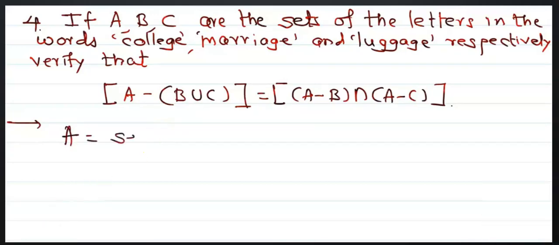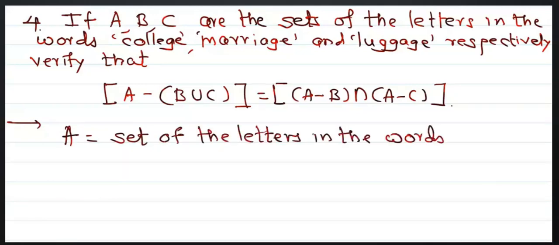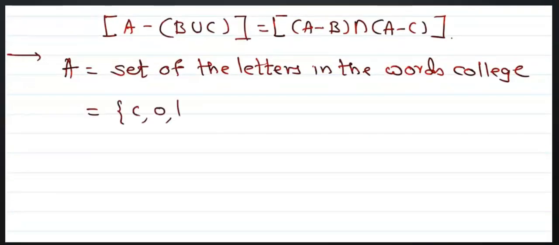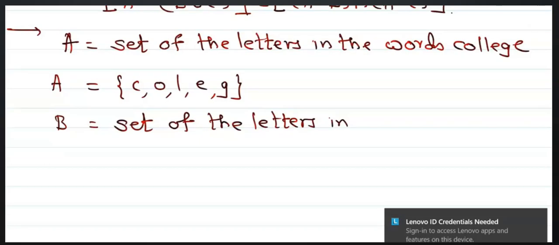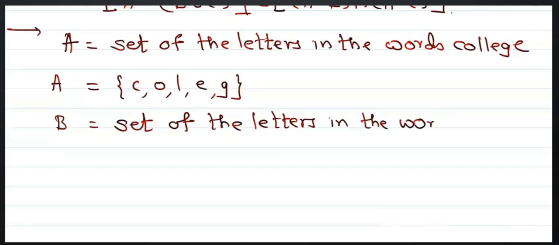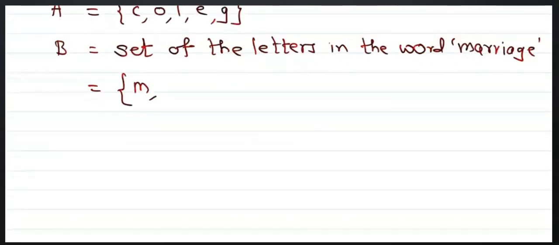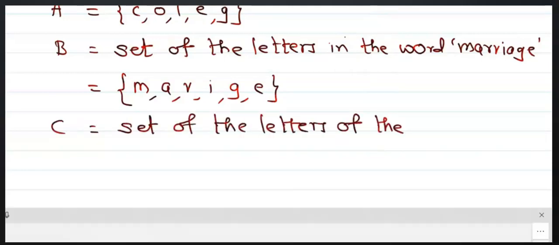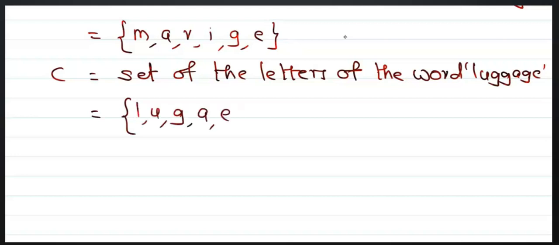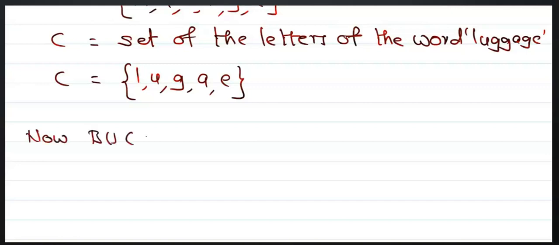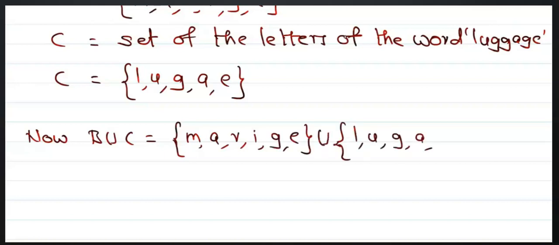Now we'll write here A is equal to the set of letters in the word college, that is C, O, L, E, G. B is the set of letters in the word marriage, that is M, A, R, I, G, E. C is equal to the set of letters of the word luggage, L, U, G, A, E. Therefore, B union C. Now the union of these two is very simple.